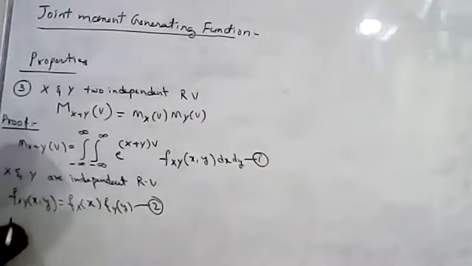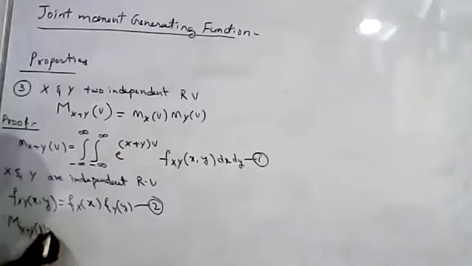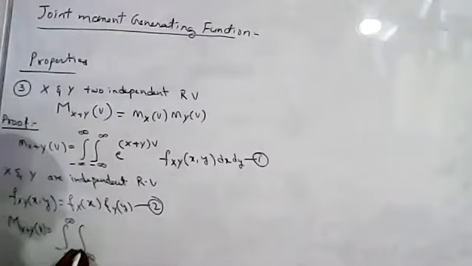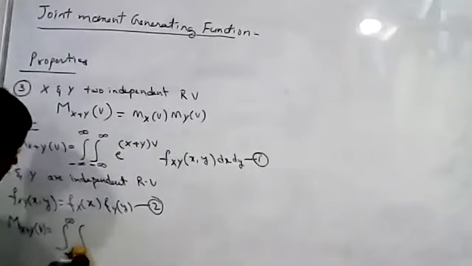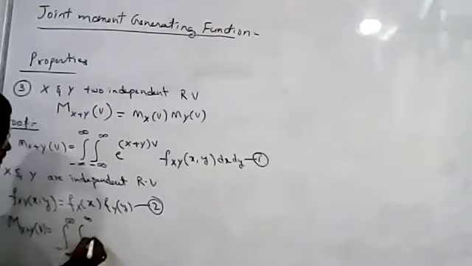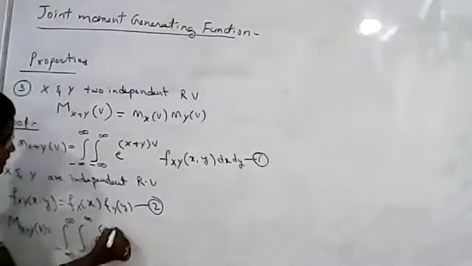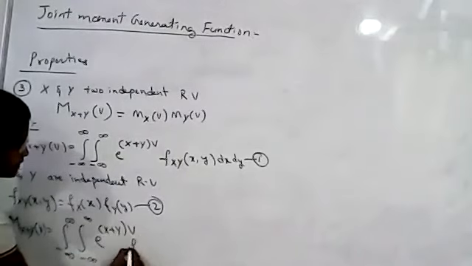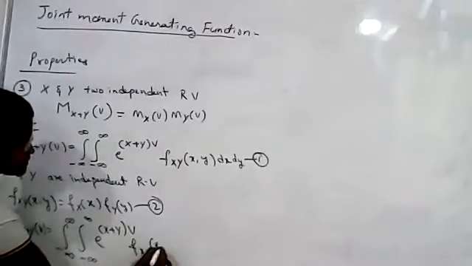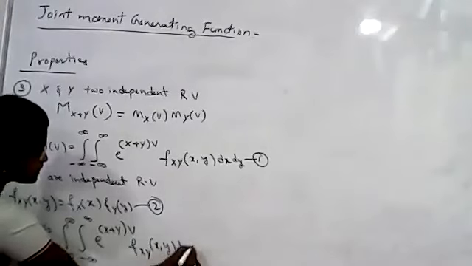Equation 1: Mx+y of b can be written as the integral from minus infinity to plus infinity, the integral from minus infinity to plus infinity, of e power (x plus y) b, fxy of x comma y dx dy.